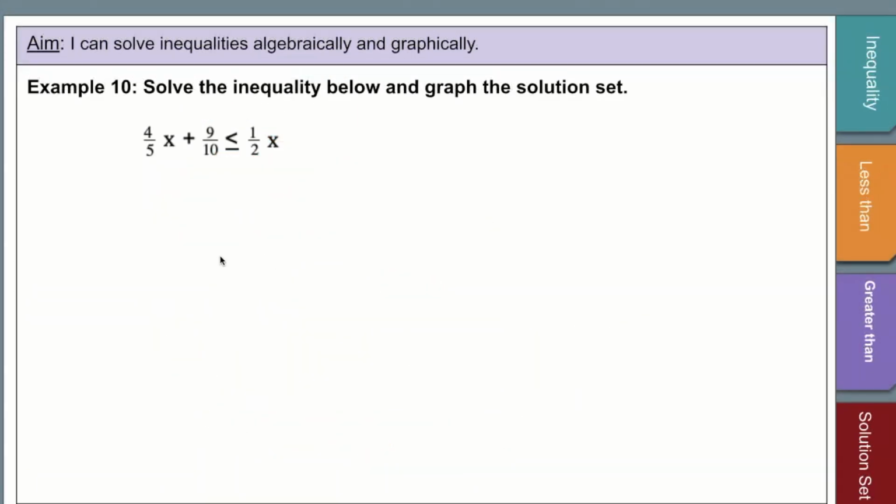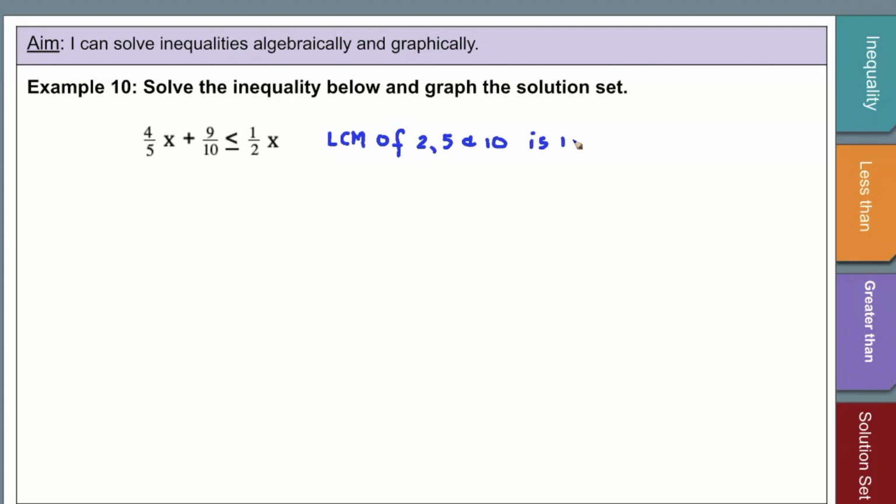Our example number 10 is an inequality with fractions. The inequality 4/5 x plus 9 over 10 less than equal to 1/2 x can be transformed into an inequality with no fractions by multiplying each side by the LCM of 5, 10, and 2, just as you did for equations with fractions.